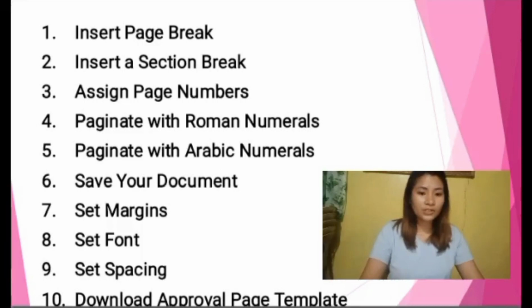Eleventh, in the same Page Number Format window under Page numbering, click the dot before Start at. Twelfth, in the entry box next to Start at, ensure that 1 is entered. If not, type 1 without quotes in the box.